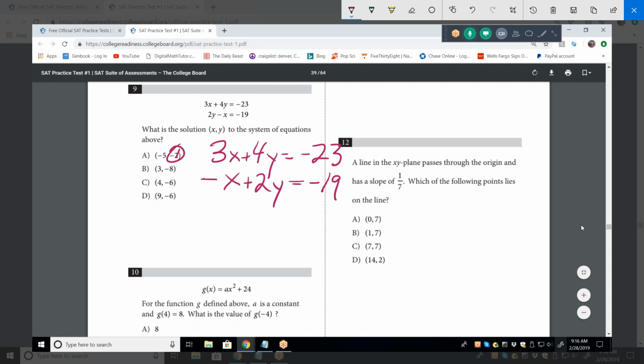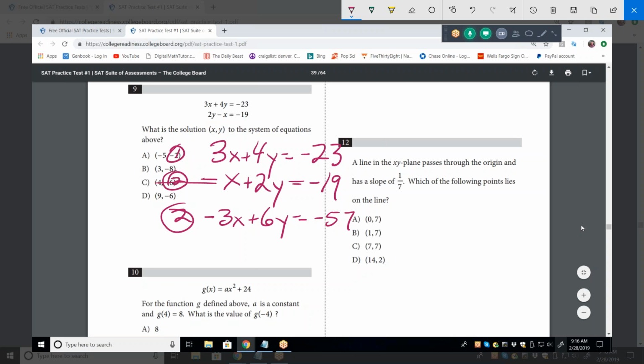It's equation 1. Equation 2. I would multiply the bottom equation by 3. And you have to multiply everything, both sides, by 3. So the new equation 2 is going to be minus 3x plus 6y equals minus 57.